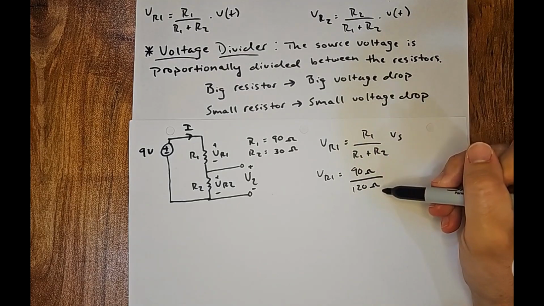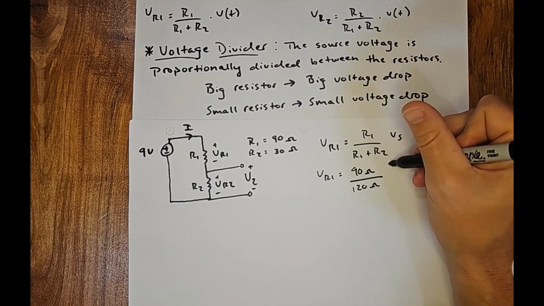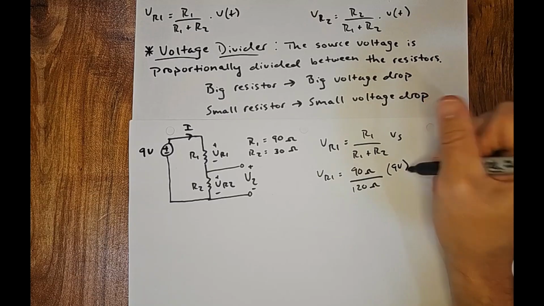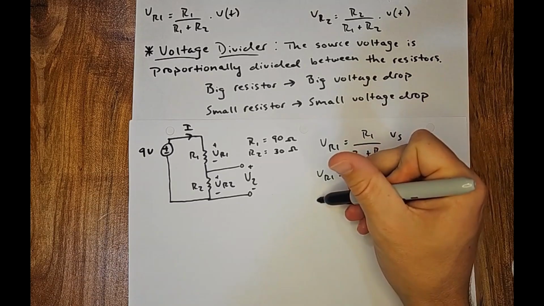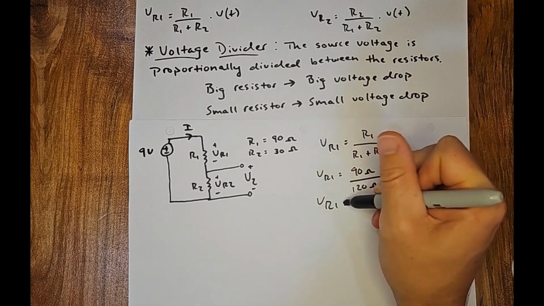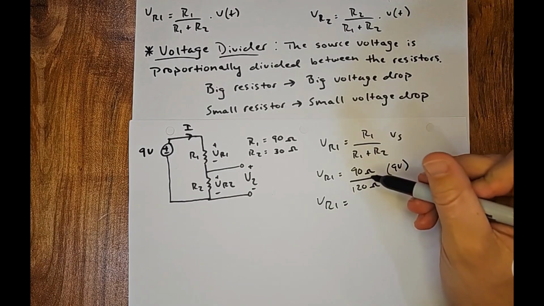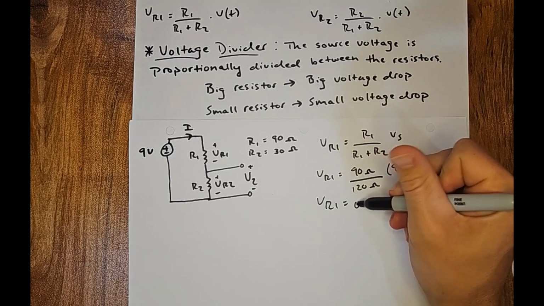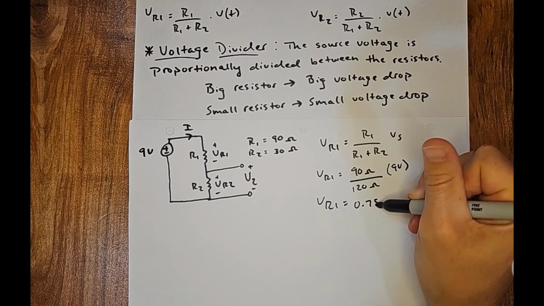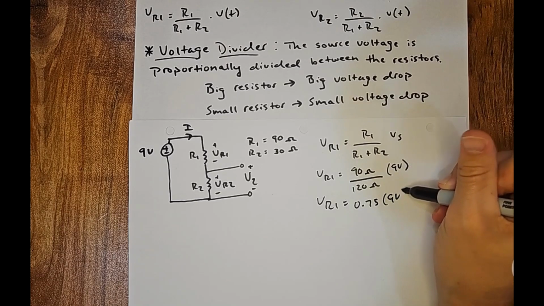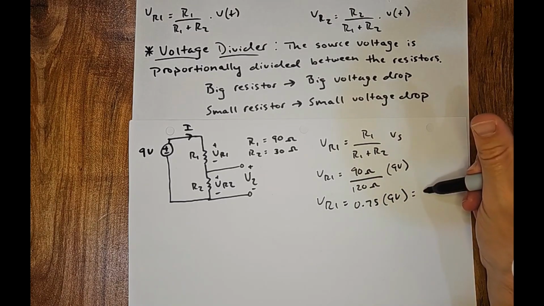See that the ohms will cancel. Multiply by our source, which is 9 volts. So VR1 equals 90 divided by 120 is 0.75 times 9 volts. That's going to equal 6.75 volts.